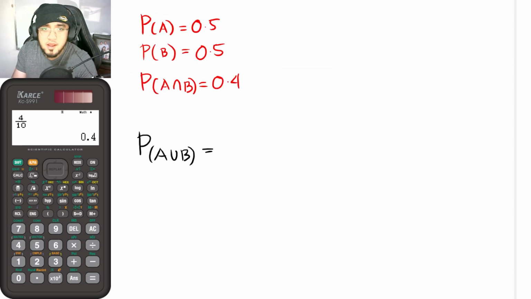So suppose that we only know these values. Okay, so what we would be doing here is just adding the probabilities of A and B. So the probability of the union between A and B is equal to the probability of A plus the probability of B.